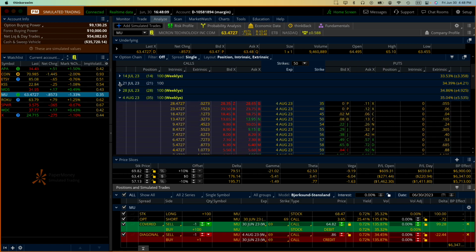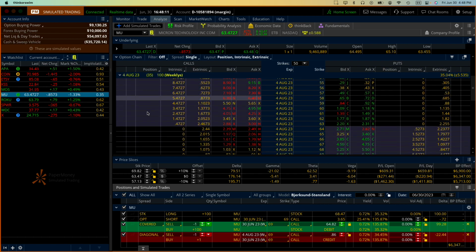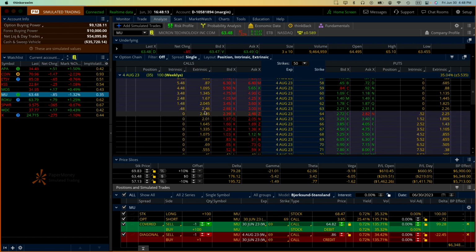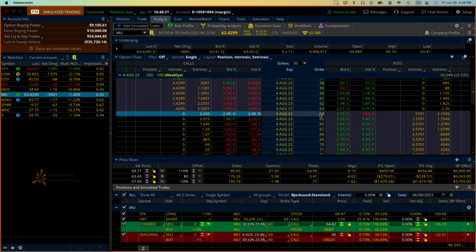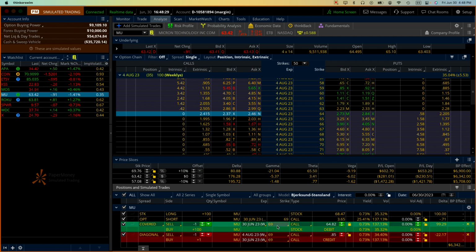Well, no. Remember, our approach is to sell the option with the maximum extrinsic value and the minimum intrinsic value. So this one will be the 64, and 64 is actually above the current price, but not as high as 69, which was the original.